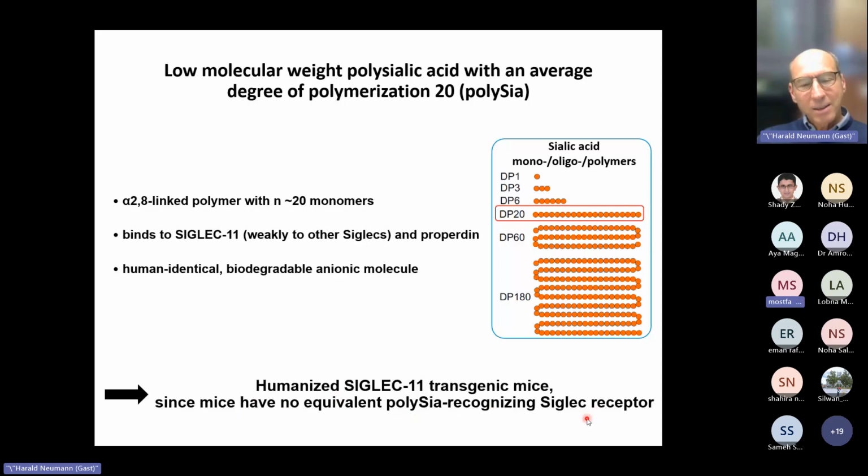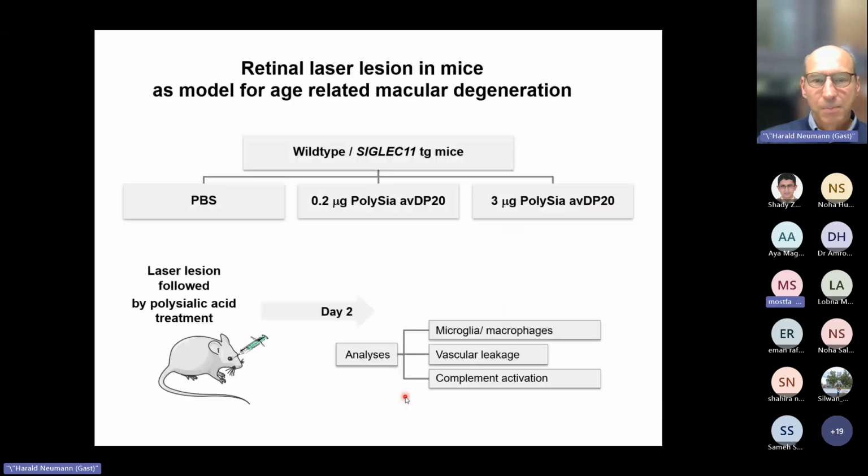We later realized also Siglec-E is able to recognize a little bit of polysialic acid, but the sensitivity and the effect is 10 times less. So you need a 10 times higher concentration to activate the Siglec-E receptor of the mice compared to the Siglec-11 receptor in humans by this polysialic acid.